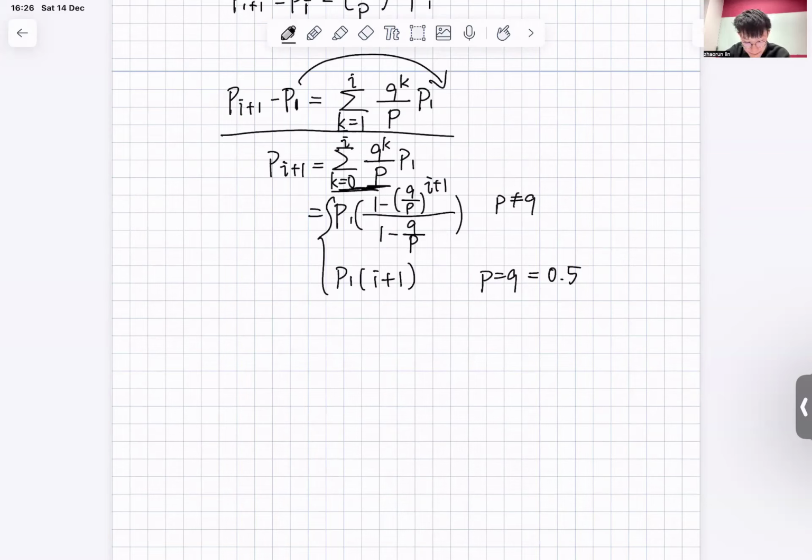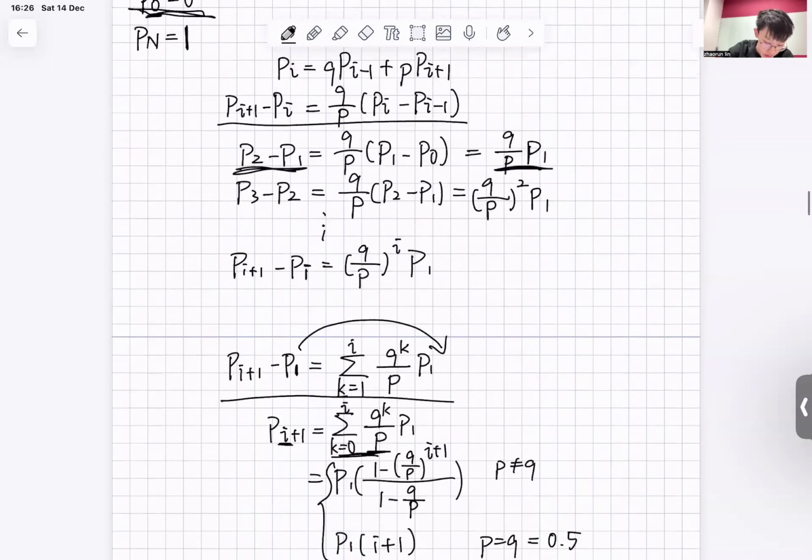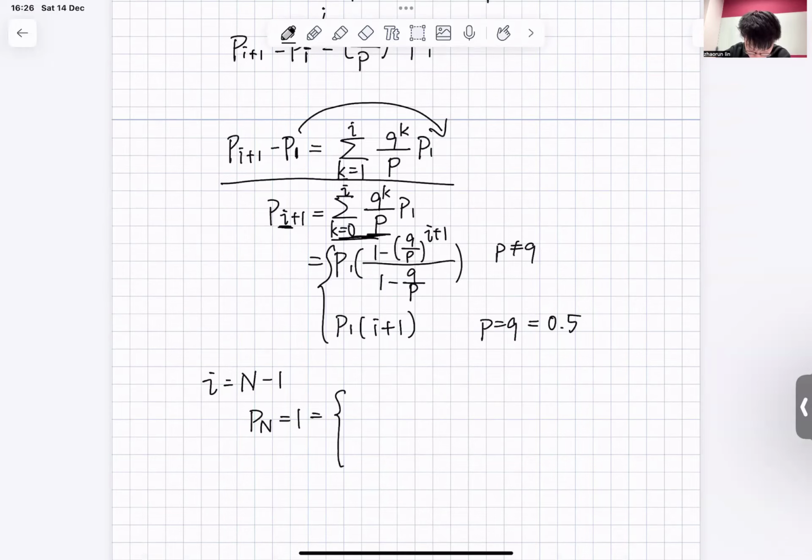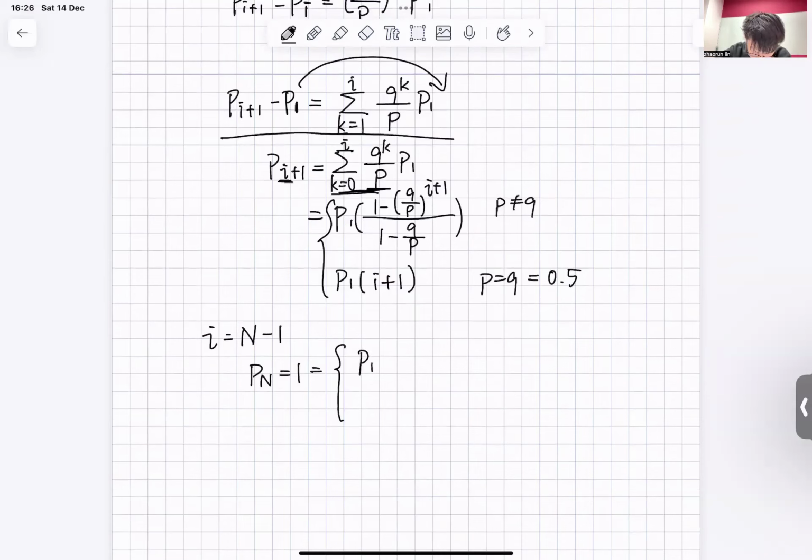And now we can substitute i equals to n minus 1, so we can calculate Pn. And Pn is 1, so remember, Pn is 1. So when i equals to n minus 1, we have Pn equals to 1 equals to, so i plus 1 is now n.